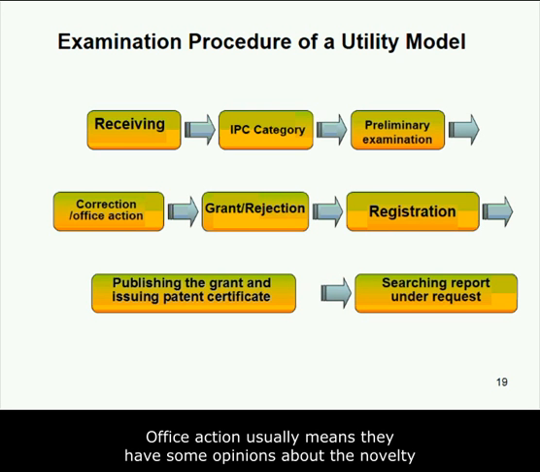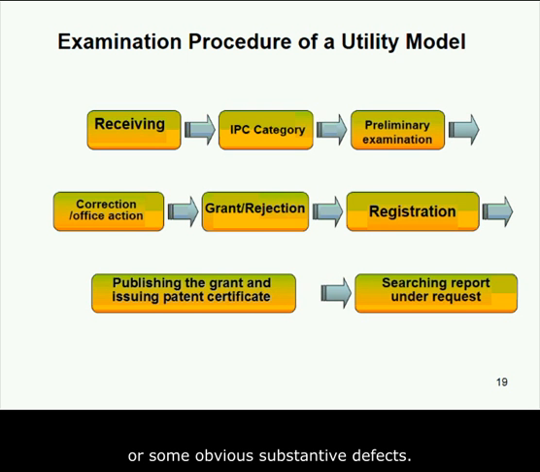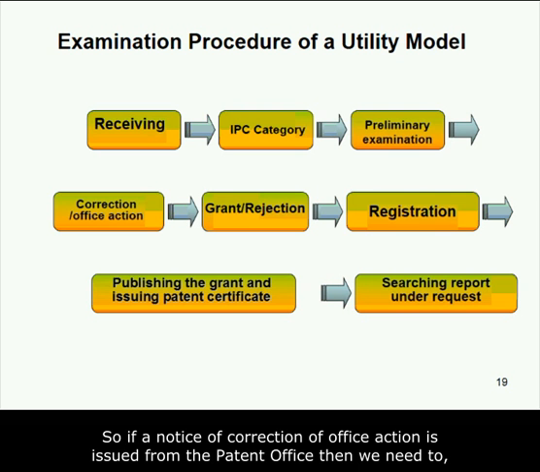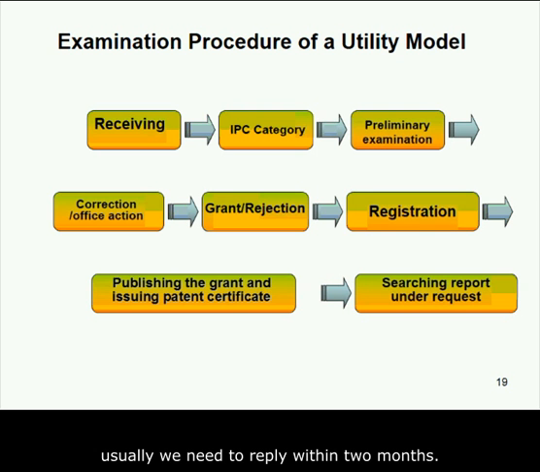Office action usually means they have some opinions about the novelty or some obvious substantive defect. If a notice of correction or office action is issued from the patent office, then we need to reply within 2 months.